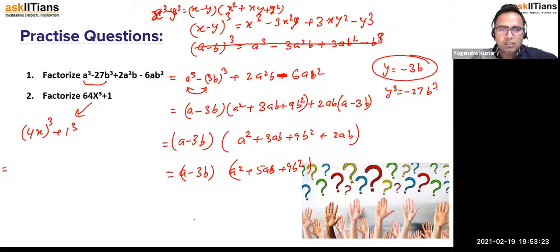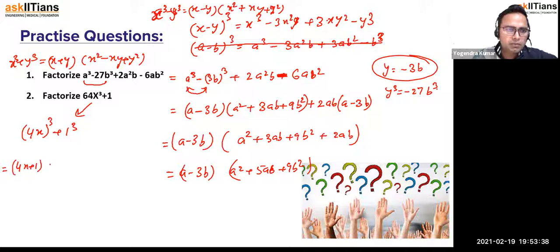So here, which identity? x cube plus y cube is equal to x plus y into x square minus xy plus y square, right? We can apply this identity. So 4x plus 1, and here 4x will be what? 16, right? Square I need to write, so 16x square minus their product, so 4x into 1, plus 1 square.